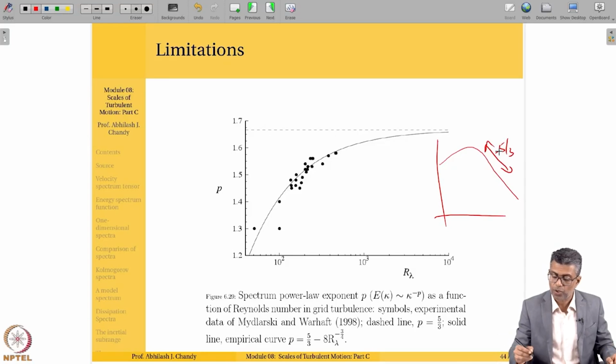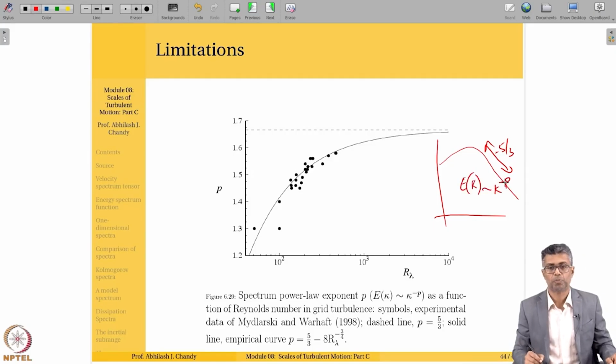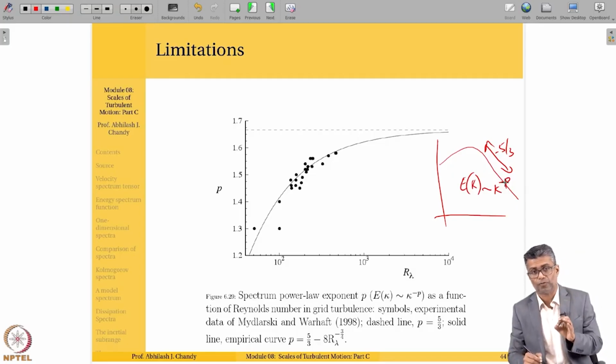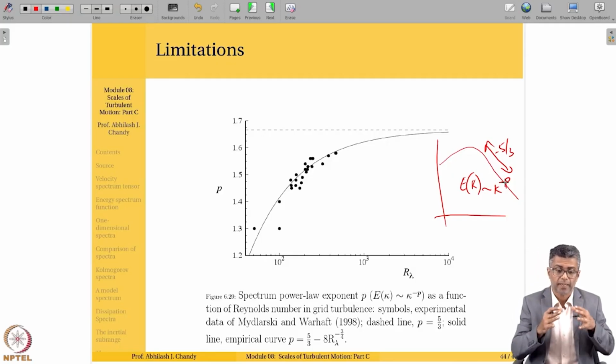So E of kappa scales with kappa to the minus P. That P is 5/3 according to the Kolmogorov hypothesis. Now, the fact that it varies according to minus 5/3 is determined by the condition that it is at high Reynolds number.